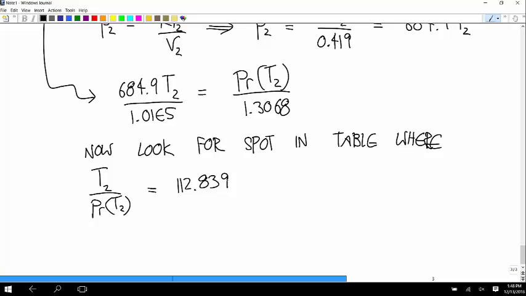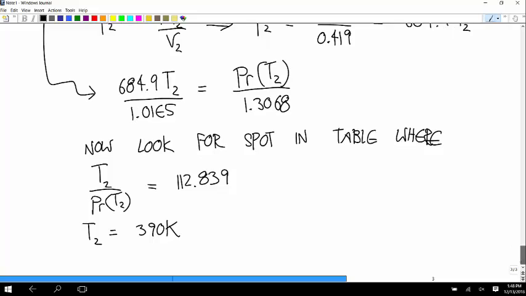That happens at a temperature of 390 Kelvin. And the pressure P2 then is equal to 2.65 times 10 to the 5th pascals.